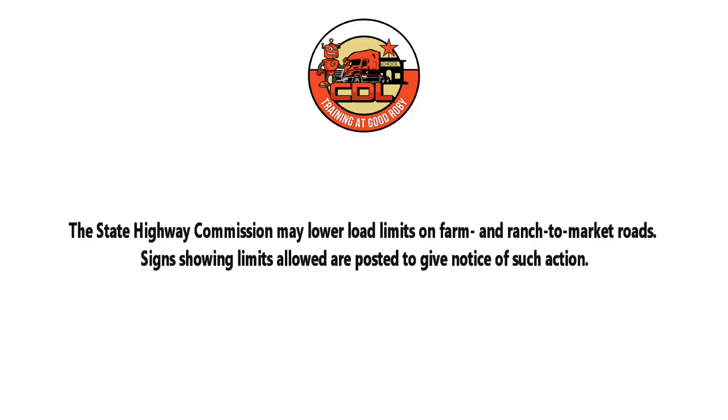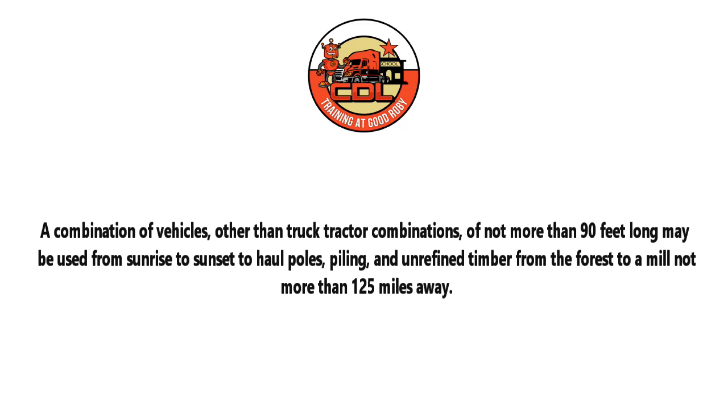The State Highway Commission may lower load limits on farm and ranch-to-market roads. Signs showing limits allowed are posted to give notice of such action. A combination of vehicles, other than truck-tractor combinations, of not more than 90 feet long may be used from sunrise to sunset to haul poles, piling, and unrefined timber from the forest to a mill not more than 125 miles away.